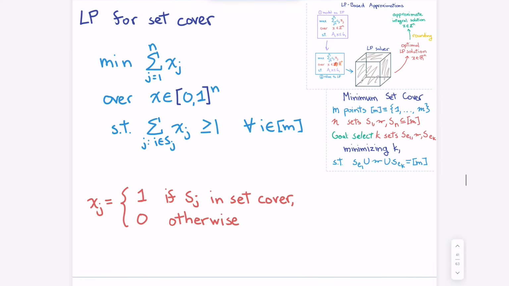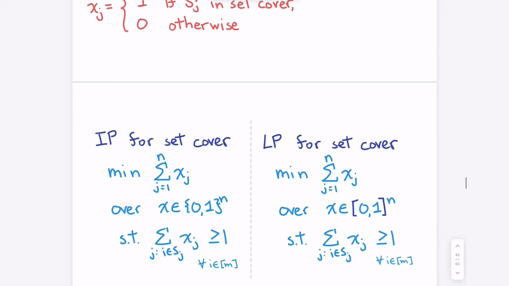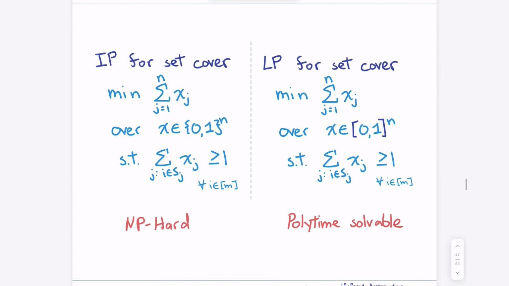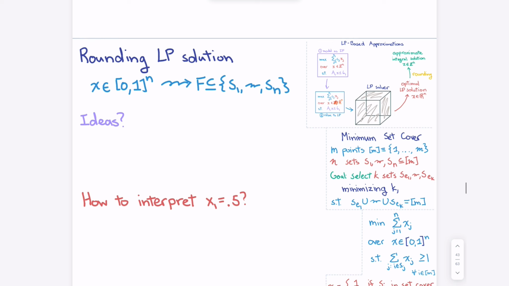The linear program is just going to take that 0 or 1 decision and make it between 0 and 1. Okay. And yeah, so not a big difference, except a big difference computationally, because this one we can actually solve in polynomial time. Good.